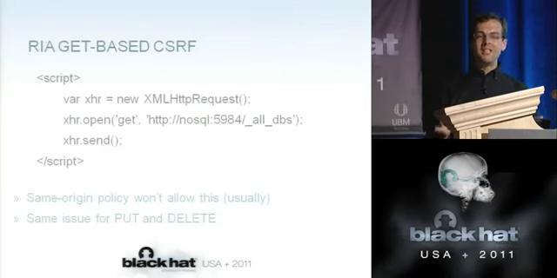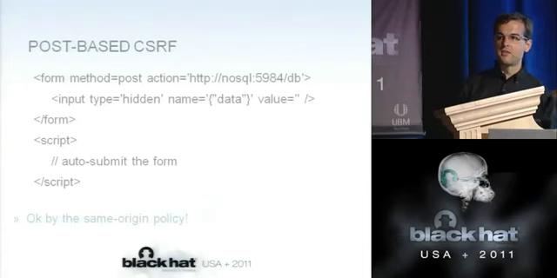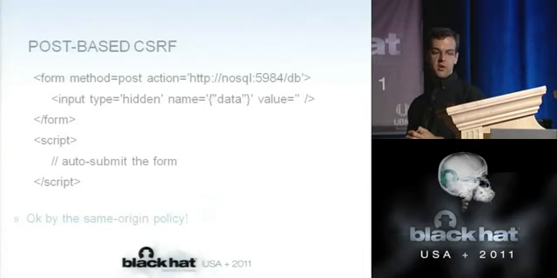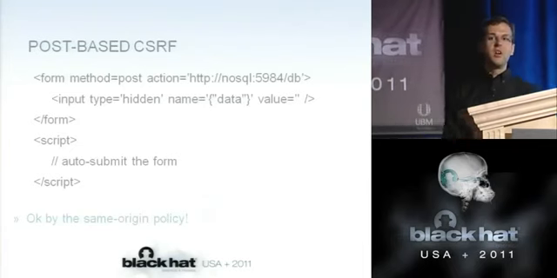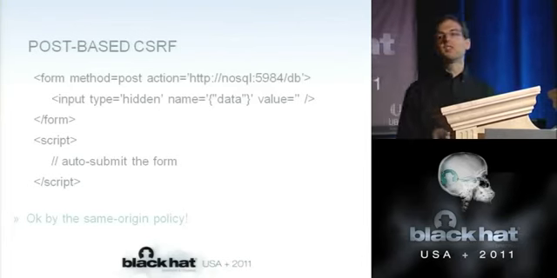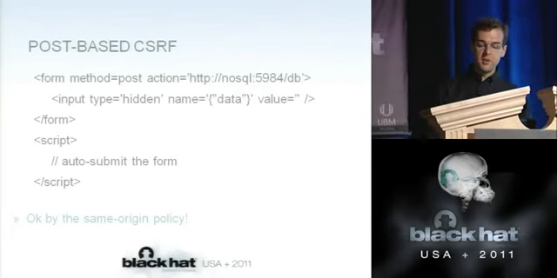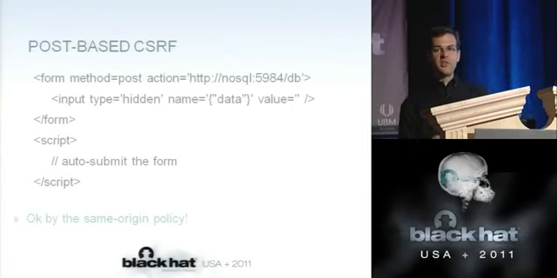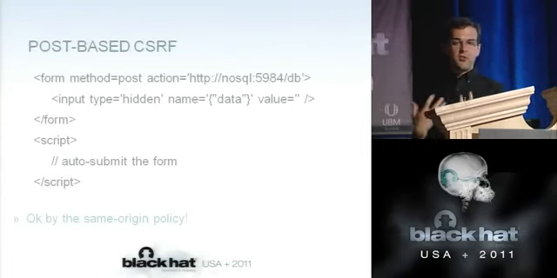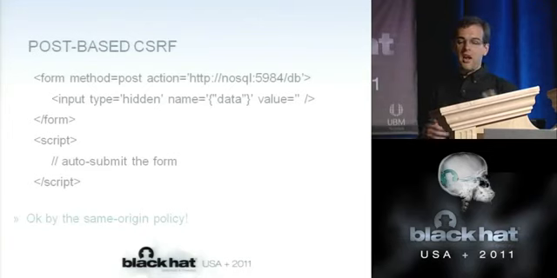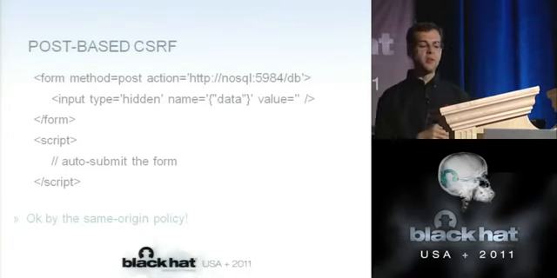So are we done yet? Not quite. There's one more, and this one is going to do it for us: POST-based CSRF, which a lot of people didn't think was possible for a long time. But now we know it is. What can you do with it? Well, here's another page I just created. I'm going to have a form on this page with the method as POST, and the action is the resource I want to attack.